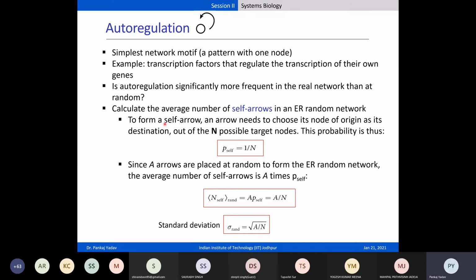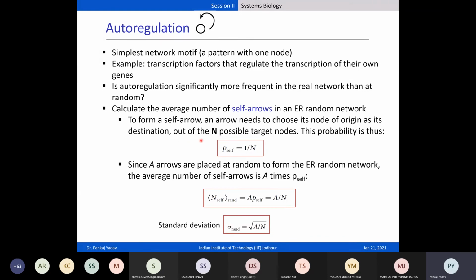To form a self arrow, we have to draw an arrow, and the arrow needs to choose its own node of origin as its destination. So it starts from a node and comes back to the same node. Origin and destination are the same node for a self arrow.